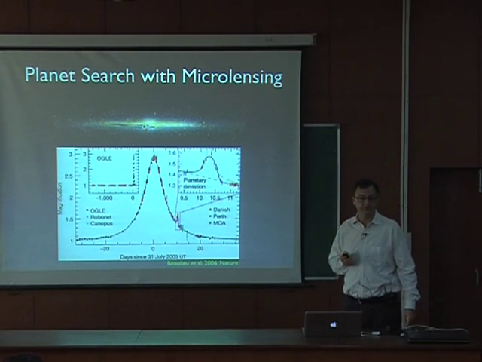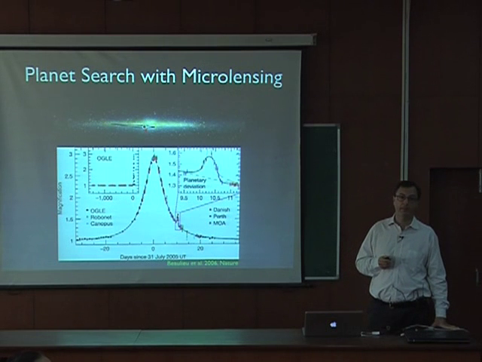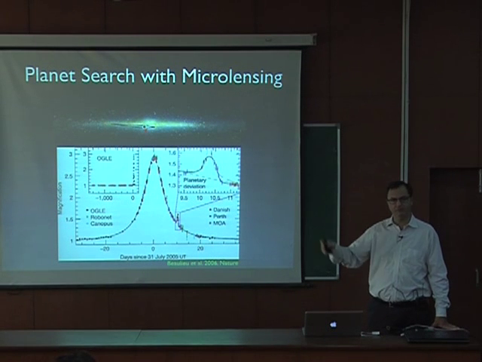So is there any lower limit on the mass of the star for this microlensing? Yes, there's a lower limit. I don't know exactly where it is, but it's less than a solar mass. There's also an upper limit, which I think is around 10 solar masses or slightly more.